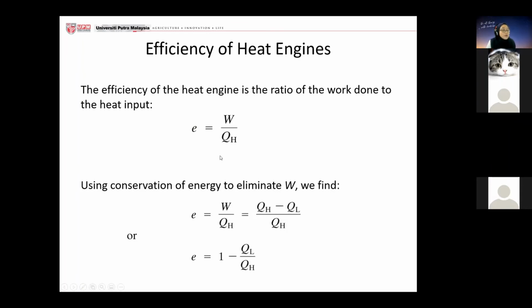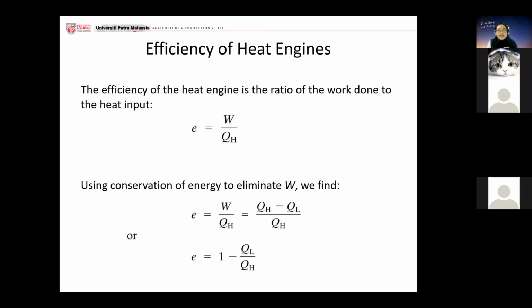Okay, so I will go very quickly on this one. Efficiency is quite easy to calculate. The efficiency of a heat engine is the ratio of work done to the heat input. Always remember, efficiency is something that comes out over something that you put in, and it applies to everything basically. In heat engines, it's like this.